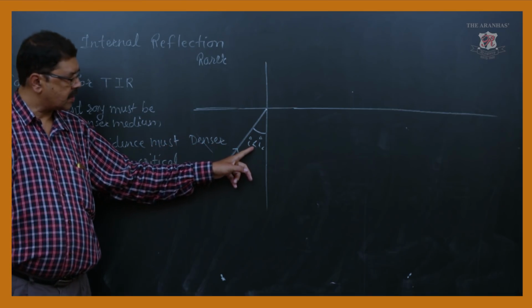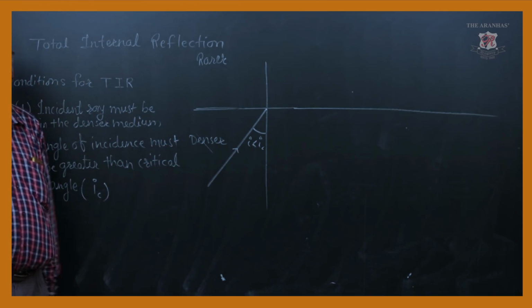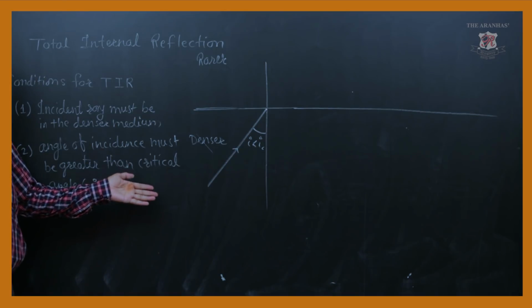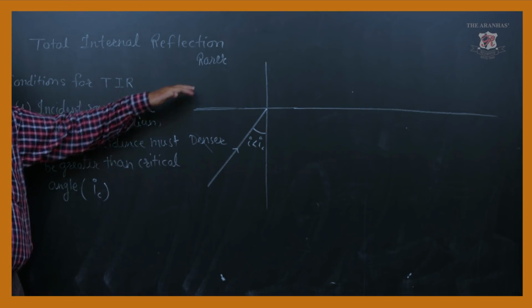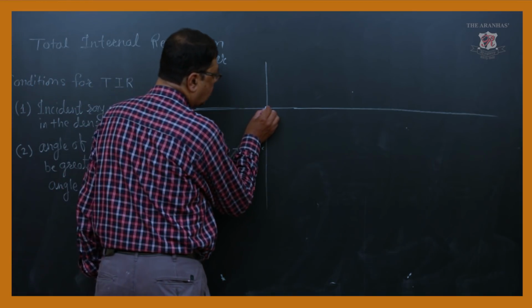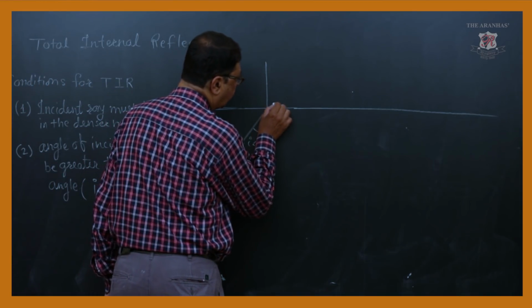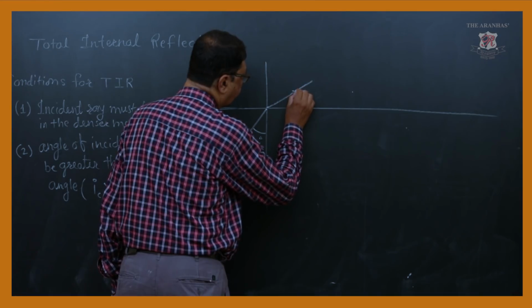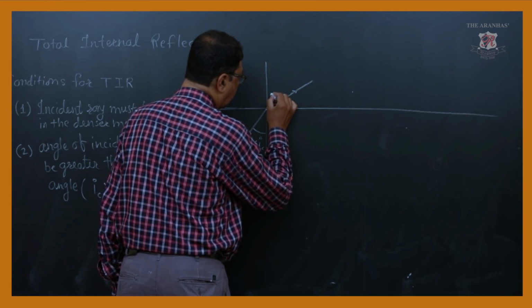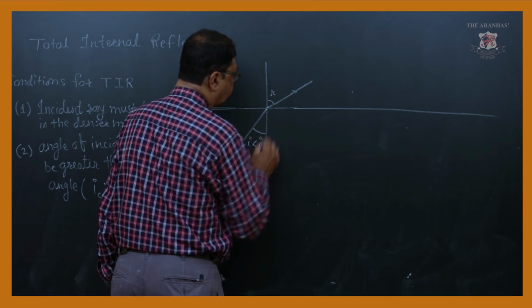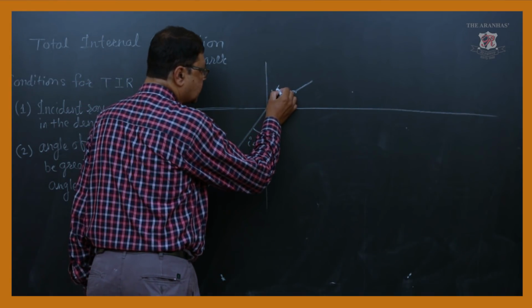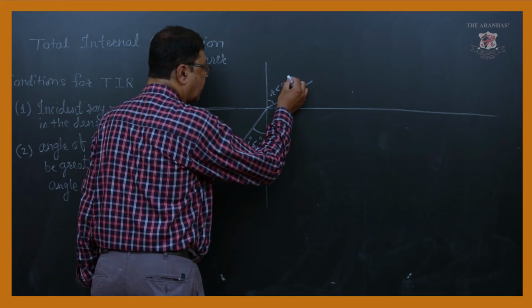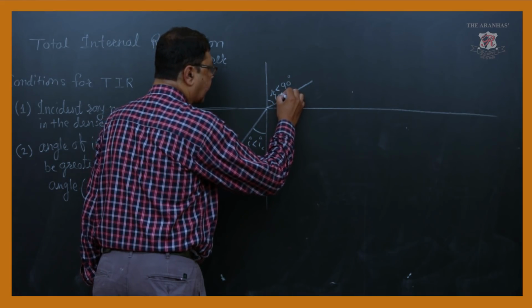If the angle of incidence is less than the critical angle, we have studied this, if light enters from denser to rarer medium, then the ray of light bends away from the normal. Now you can make out the angle of refraction is less than 90 degree or it is acute.